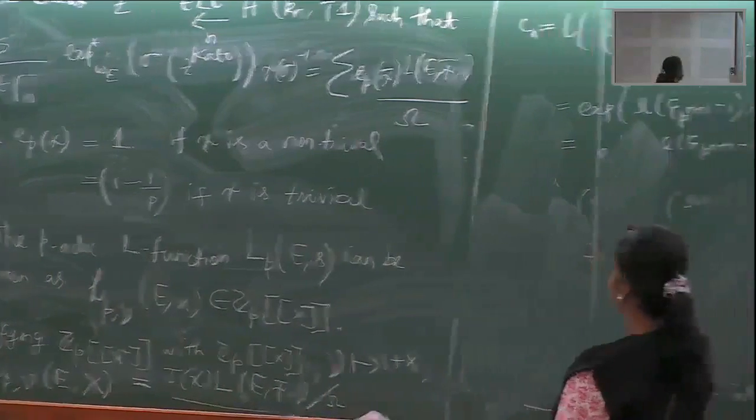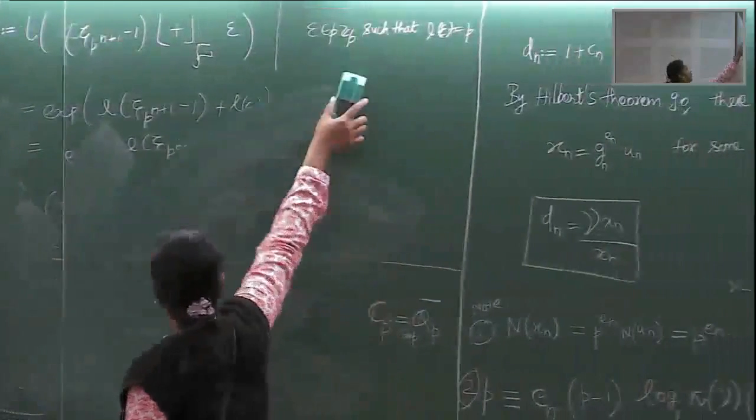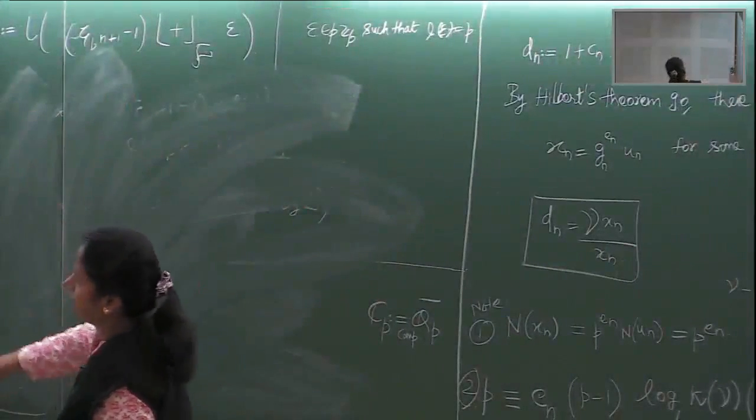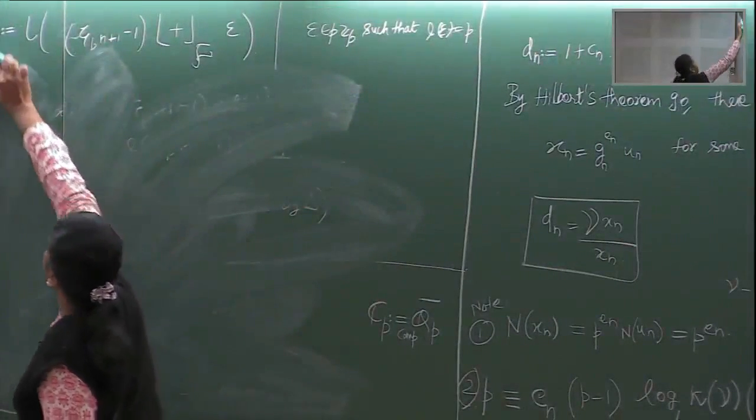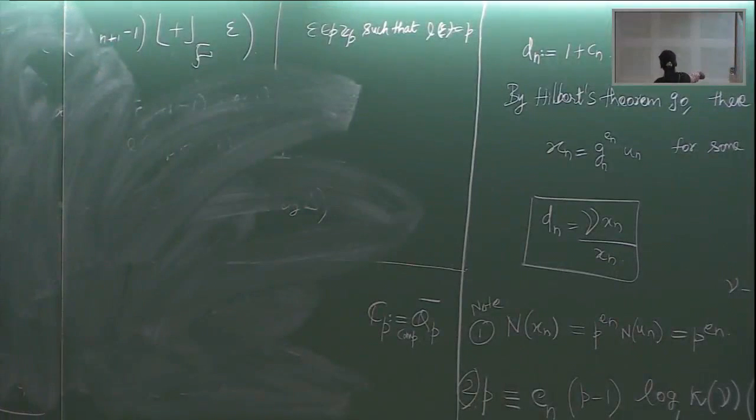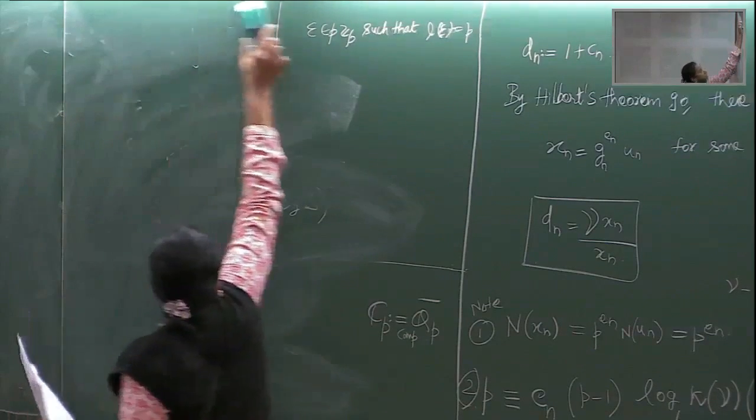I will use these results in my proof. I stated it here. I am not going to give any proof for that one. This is a property, again you have to verify by using the element d_n(1 + c_n), substitute and evaluate. These three things, take it as a statement and then we will use it in the proof.